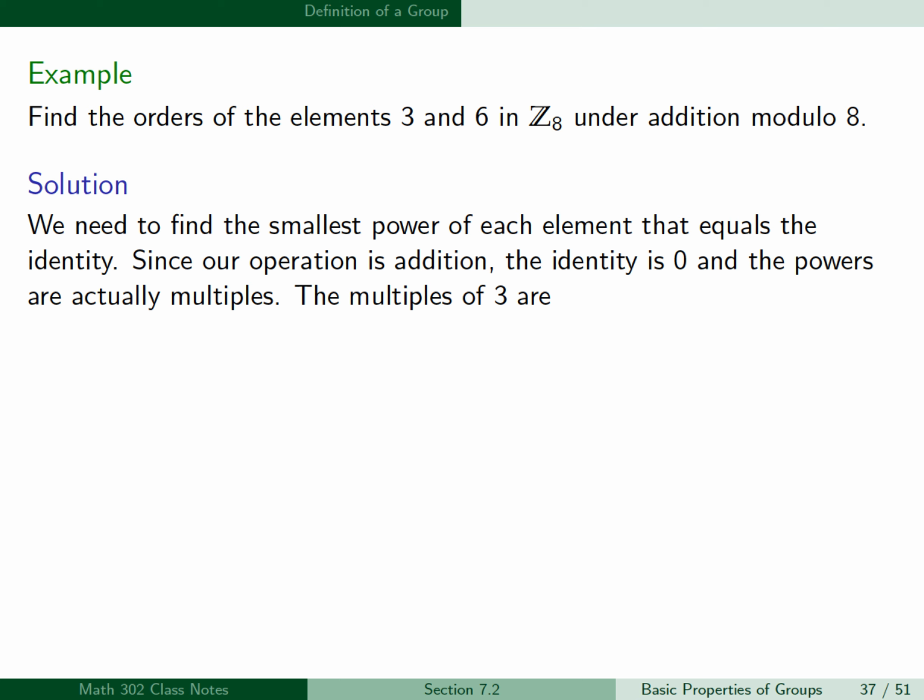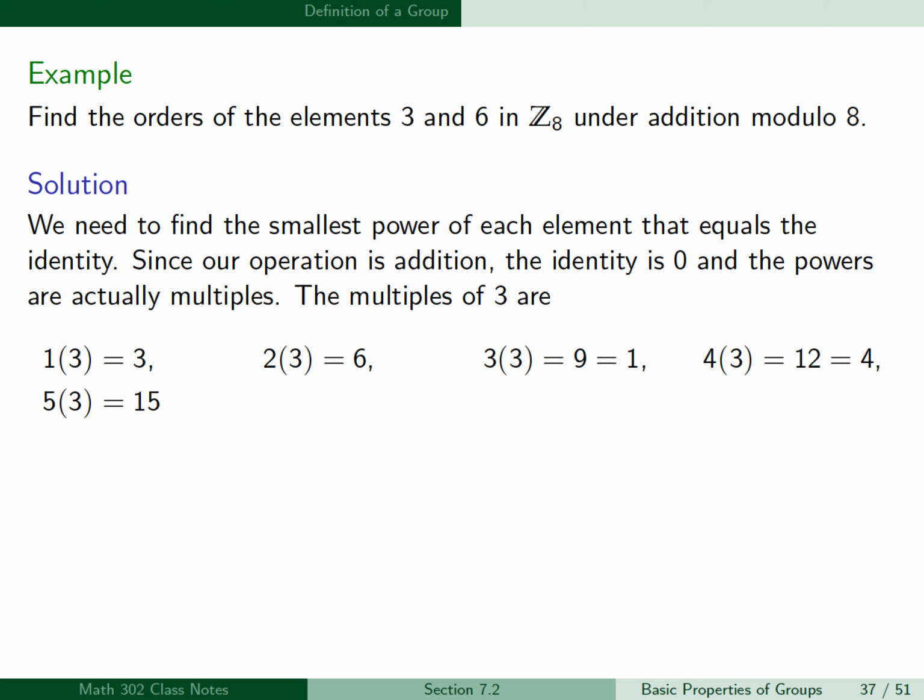So the multiples of 3 are 1 times 3 is 3, 2 times 3 is 6, 3 times 3 is 9, which in Z8 is equal to 1, 4 times 3 is 12, which in Z8 is equal to 4. 5 times 3 is 15, which in Z8 is 7. 6 times 3 is 18, which in Z8 is 2. 7 times 3 is 21, which in Z8 is 5.